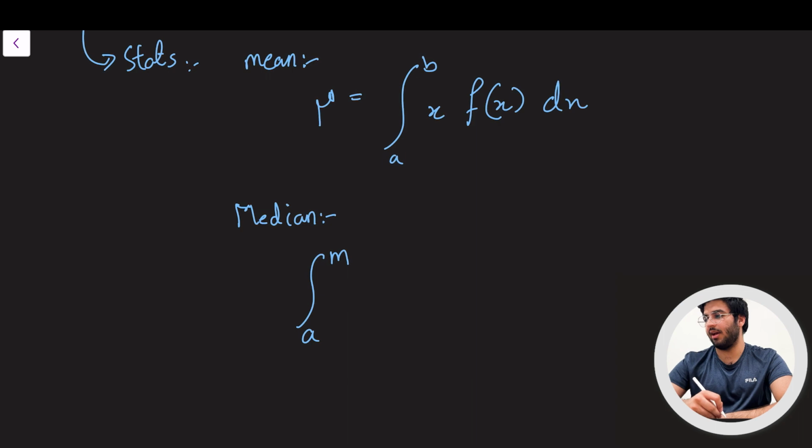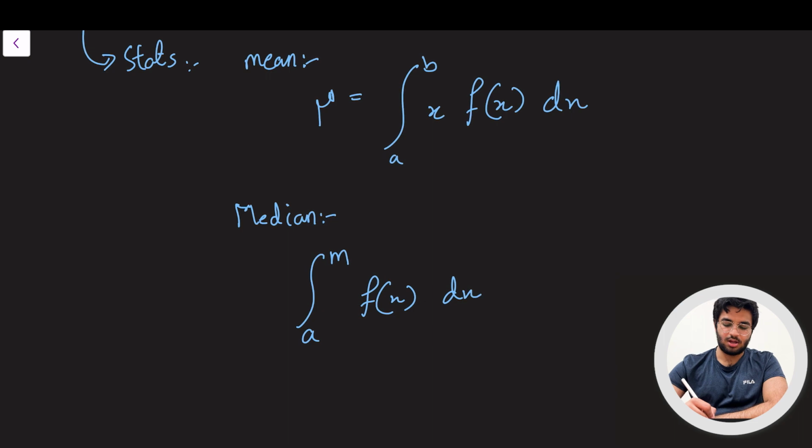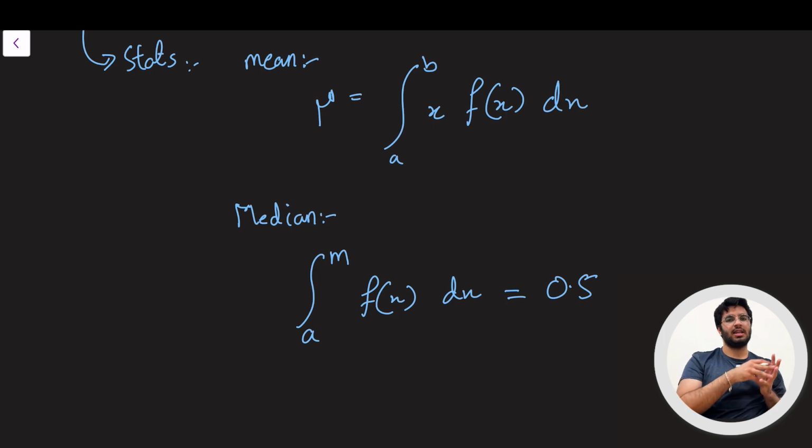We do the same here. We ask what value here, which would be m or our median, do we put so that when we integrate from a to m with respect to x, we get 0.5. You know how in discrete random variables we add up the probabilities till we get 0.5. We're basically doing that. We're finding a range to which the probability equals 0.5.